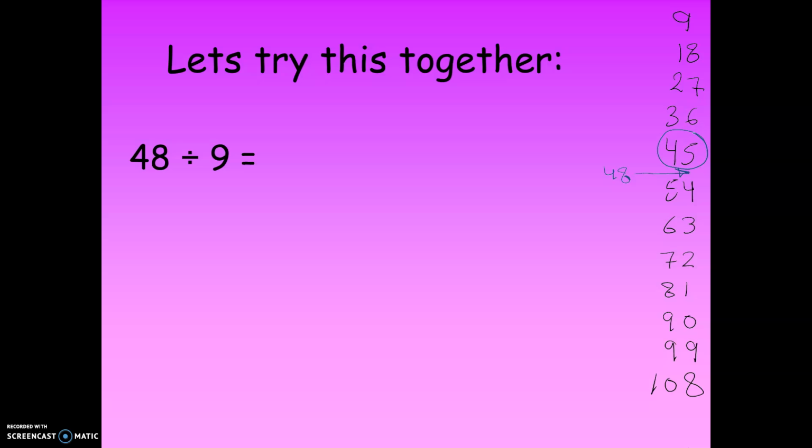So from the 48, I can distribute 45 candies. What is 45 divided by 9? 45 comes after 5 skip counts in the timetable of 9. So each friend will take 5 candies.